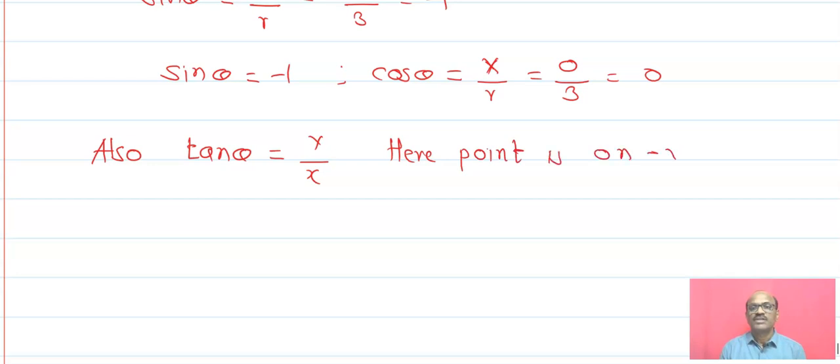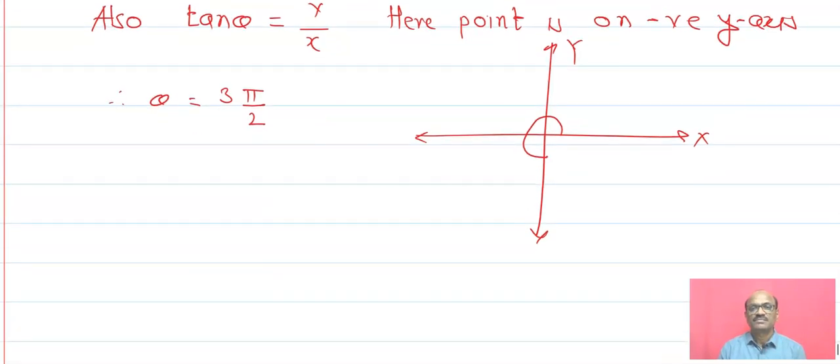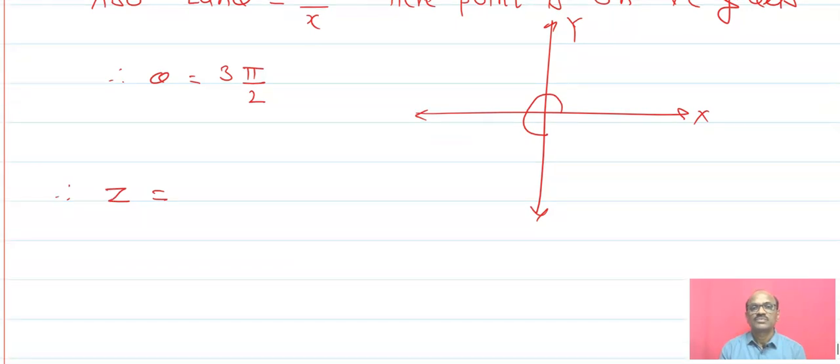Here the point is on the negative y-axis. Now see this, theta is 3 pi by 2. Therefore z is equal to 3 in bracket, cos of 3 pi by 2 plus i times sin of 3 pi by 2.